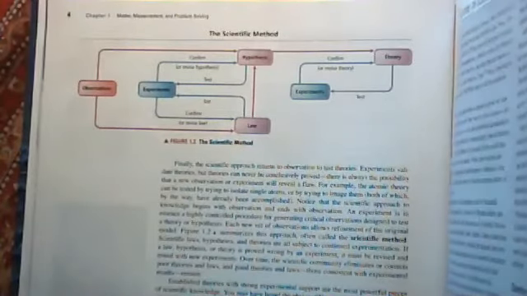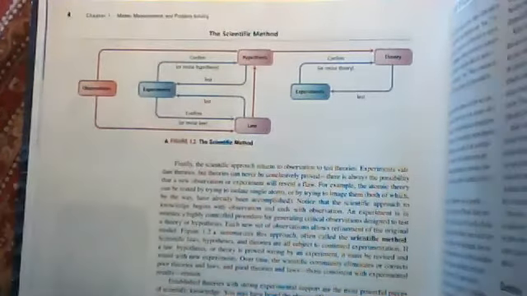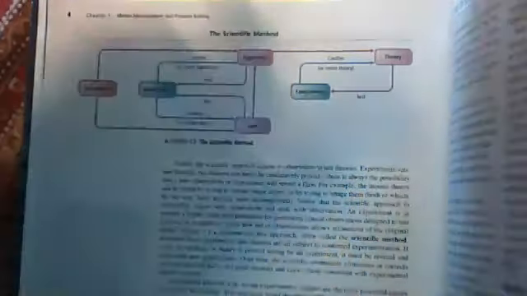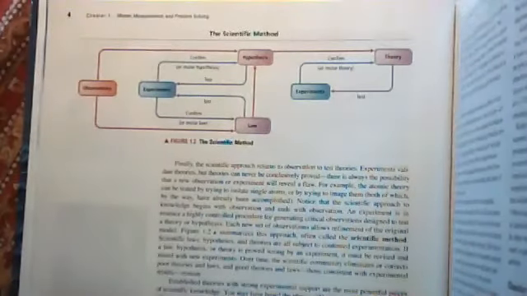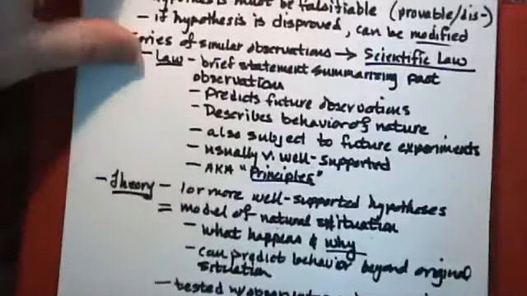You formulate your hypothesis, you test it, you find out which parts were right and which parts were wrong. You go back and reformulate it, and then test it again, and reformulate it again, and so on. So there is a lot of going around and around involved. Okay, so that's a quick overview of the scientific method.